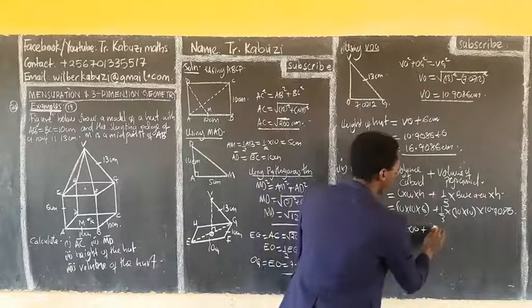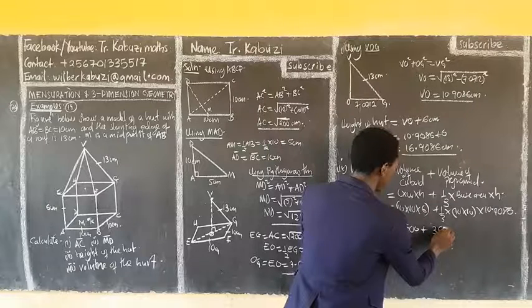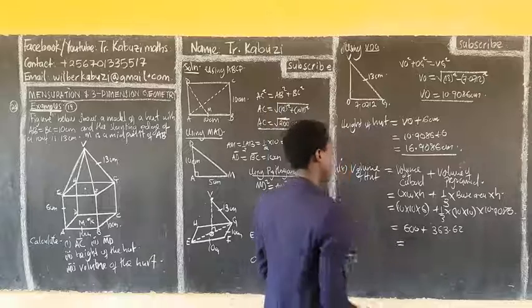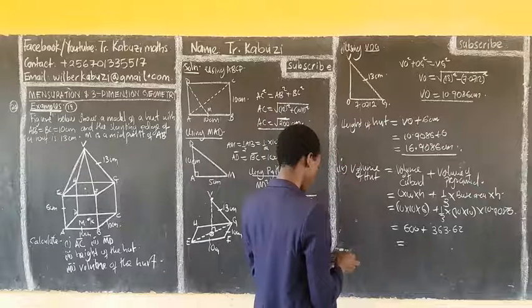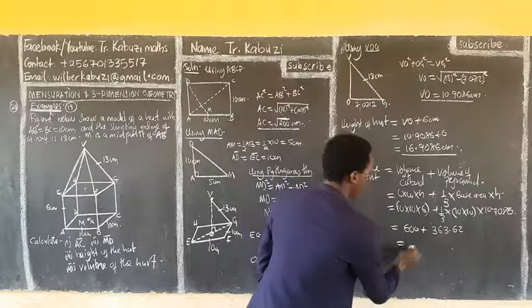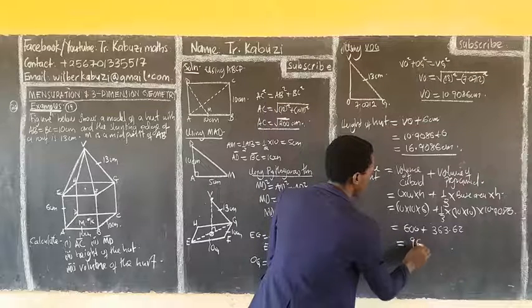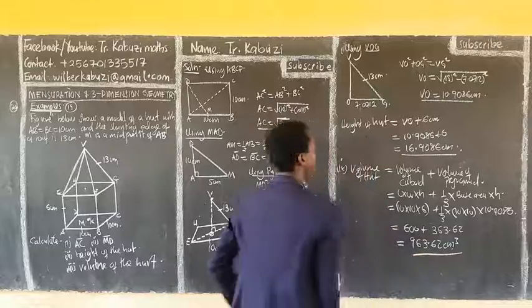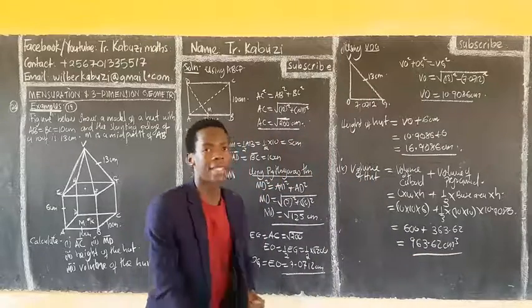So here we get 363.62. And when we add these two, that's what we get is 963.62 centimeters cubed. And so that's the volume of the hat.